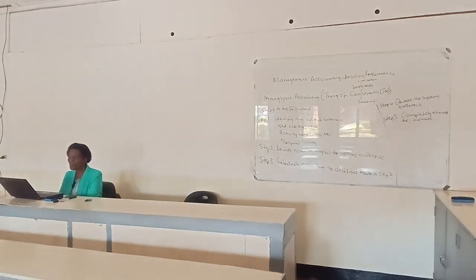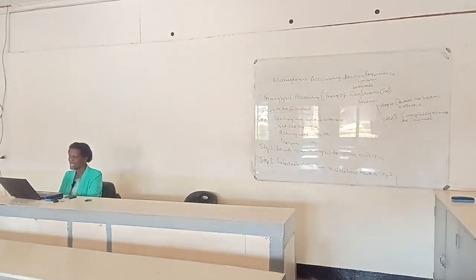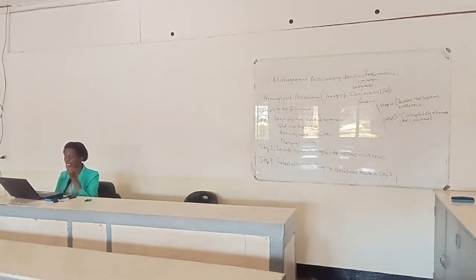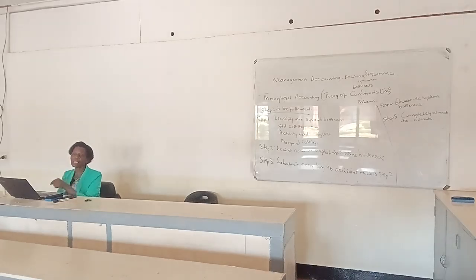Because you have broken it, maybe go back and see whether it's really the one that you identified. You have to make sure that you do not make it another constraint, another problem in the future.